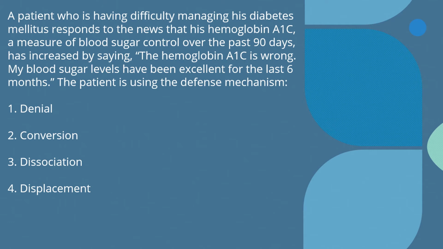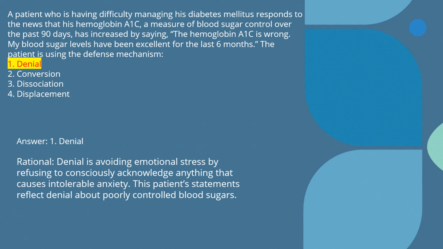Denial, 2. Conversion, 3. Dissociation, 4. Displacement. Answer 1. Denial. Rationale: denial is avoiding emotional stress by refusing to consciously acknowledge anything that causes intolerable anxiety. This patient's statements reflect denial about poorly controlled blood sugars.